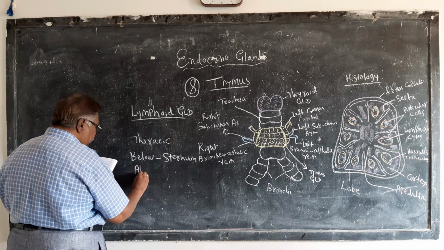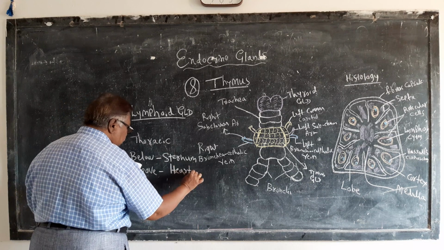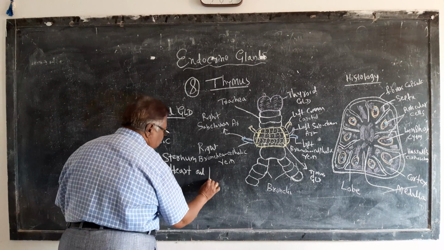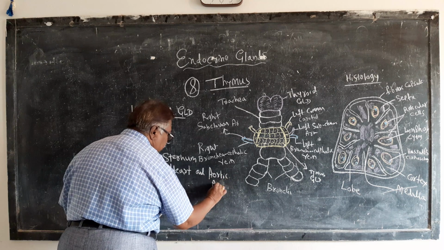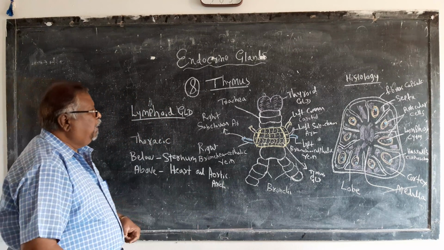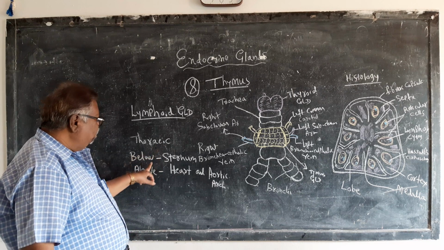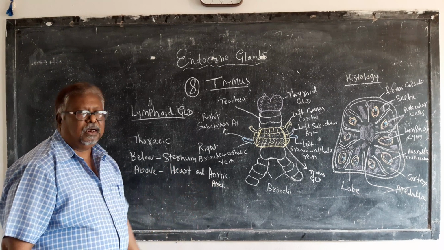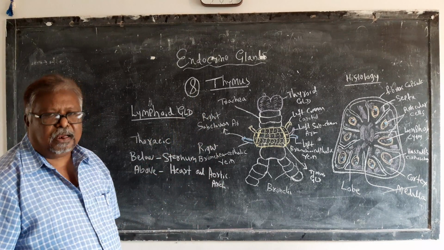and above the heart and aortic arch. The place where it is situated is in the thoracic region, below the sternum and above the heart and aortic arch, on the trachea.